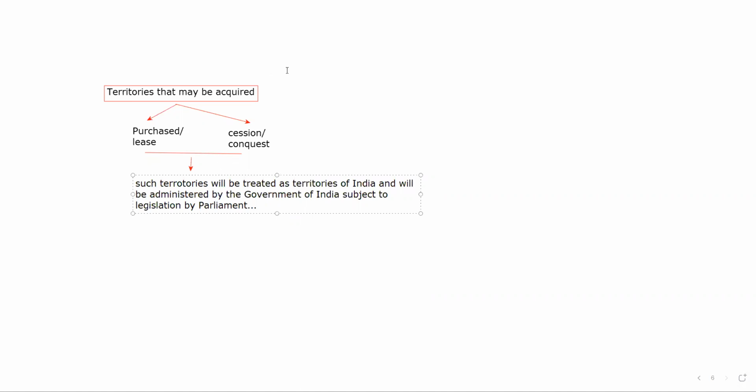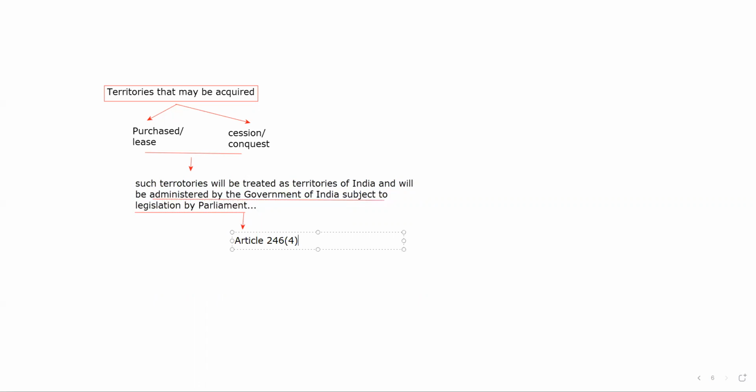Under Article 246 clause 4, the Parliament of India can do so. Article 246 clause 4, the Parliament has been authorized to do so. So this is the important thing here.